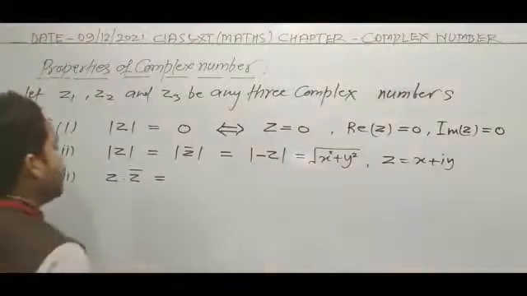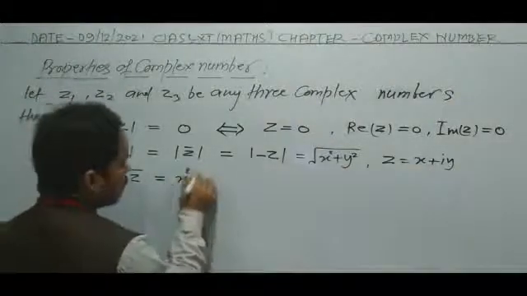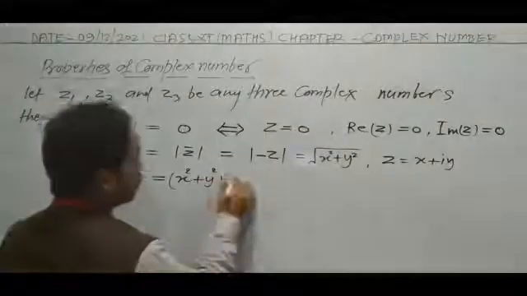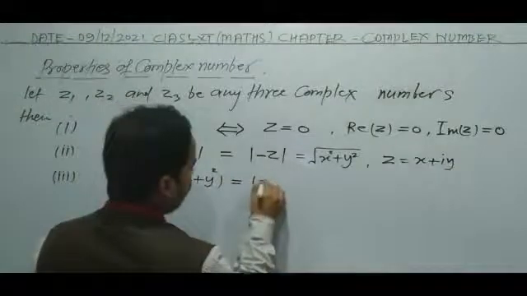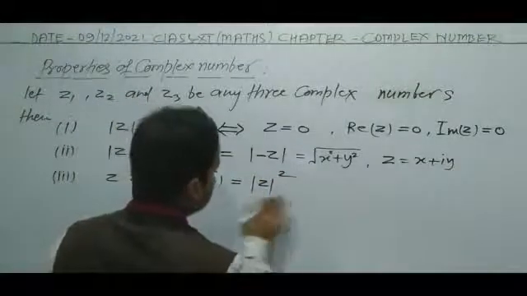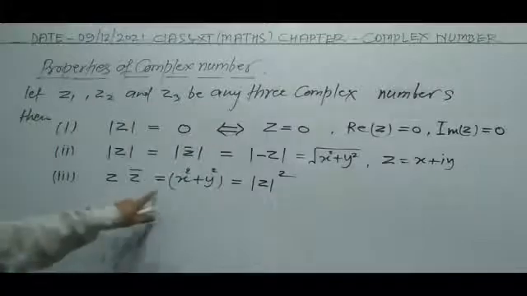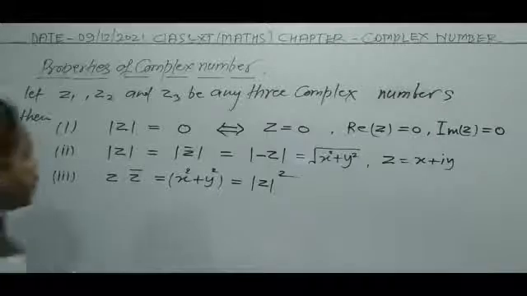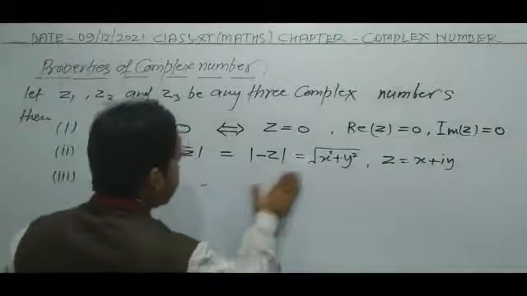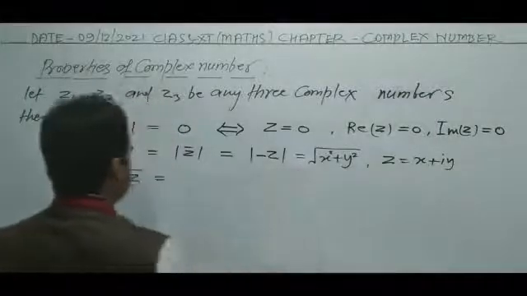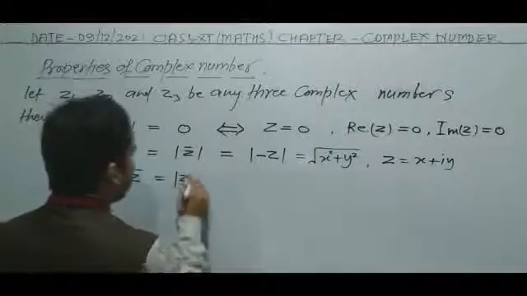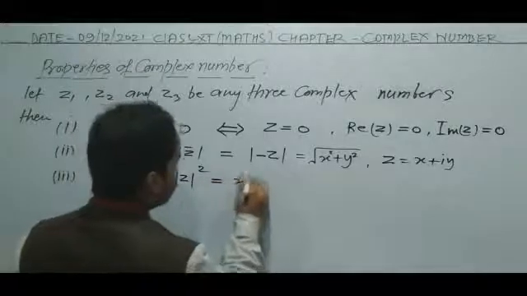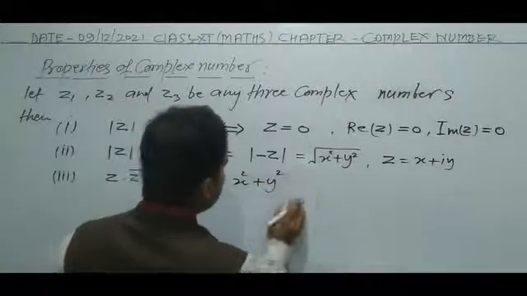We will get the result x square plus y square, and this is the value of mod of z whole square. So directly we can write z into z bar is equal to mod of z whole square. So mod of z whole square is equal to x square plus y square.